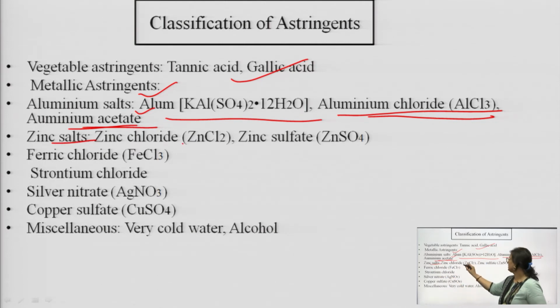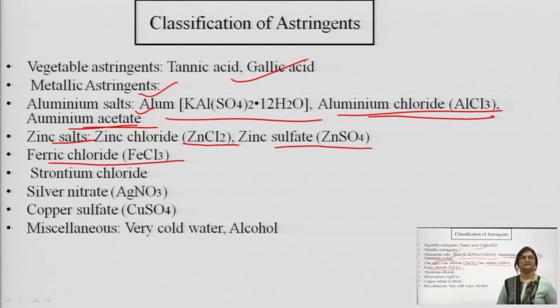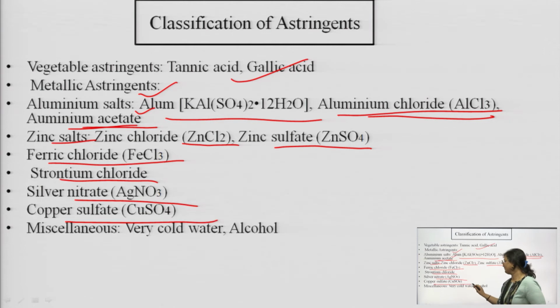Example, zinc chloride, zinc sulphate. Metallic astringents are also available as ferric chloride. Strontium chloride, silver nitrate, copper sulphate, alcohol.